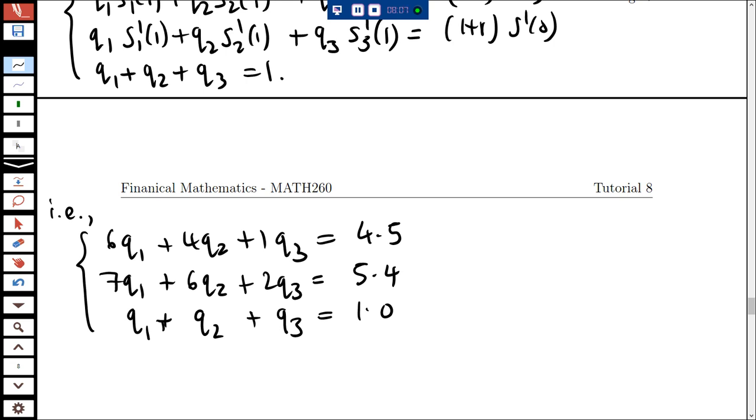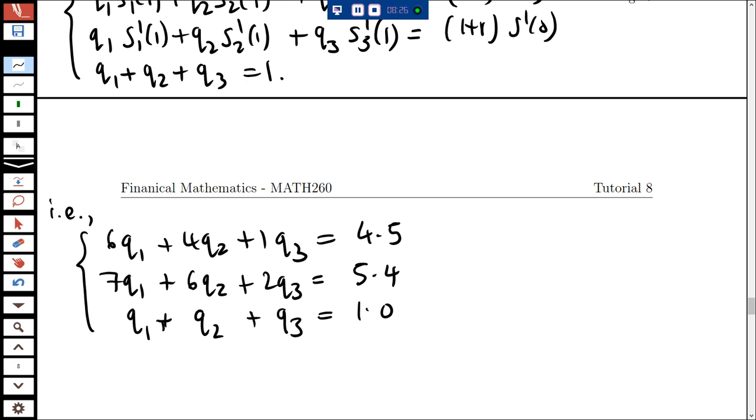From this we need to solve and check whether the values of Q are between 0 and 1. Maybe there's a unique solution, maybe infinite solutions, maybe none. We need to know about this.